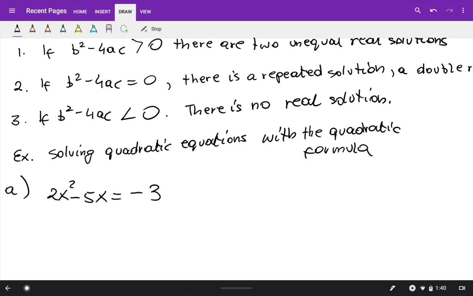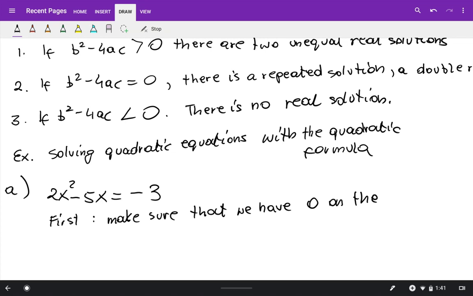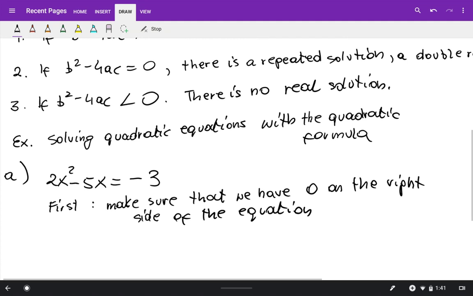So to solve it with the quadratic formula, first make sure that we have 0 on the right side of the equation. So here I'm not ready to apply the quadratic formula because I have negative 3.